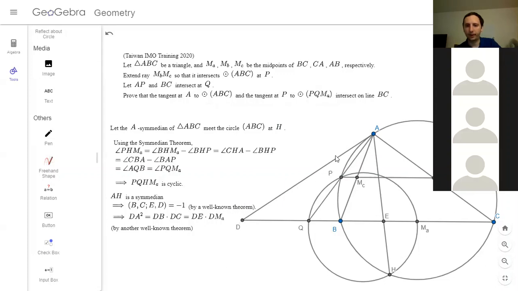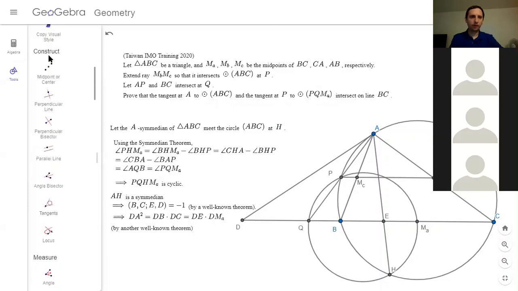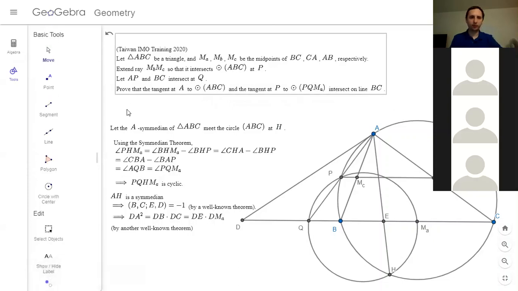So that would be sine dAQ over sine dAE, I think. Let's think about that. Oh, that would be AD over AQ times the ratio of the sines of those two. Yeah, I think I see a way, maybe using some trigonometry to finish this.